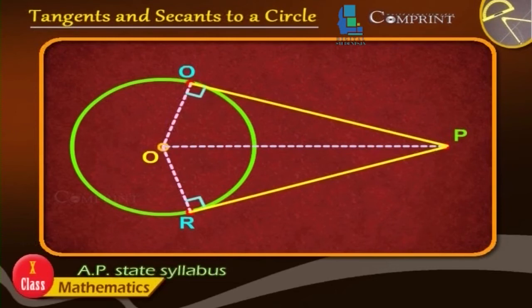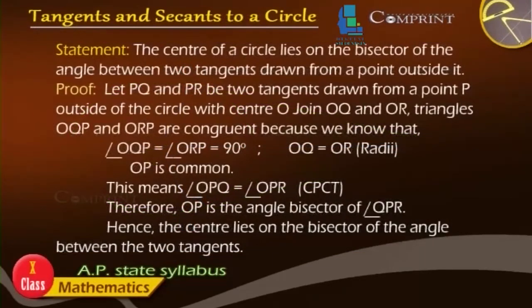Let PQ and PR be two tangents drawn from a point P outside of the circle with center O. Join OQ and OR. Triangles OQP and ORP are congruent because angle OQP is equal to angle ORP is equal to 90 degrees.